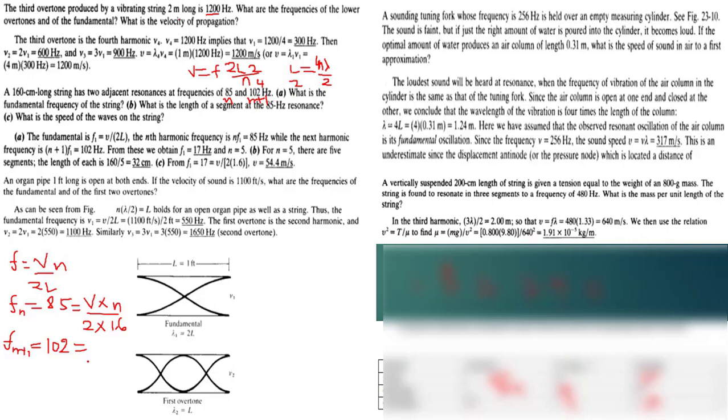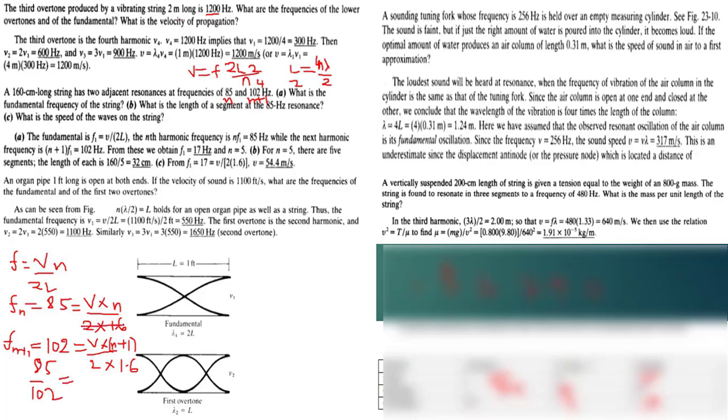Okay, so v times n plus 1, divided by 2 times length ya string ni 1.6. Okay, so if you divide these two equations utapata 85 over 102.